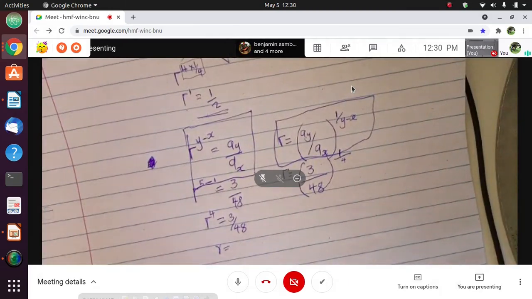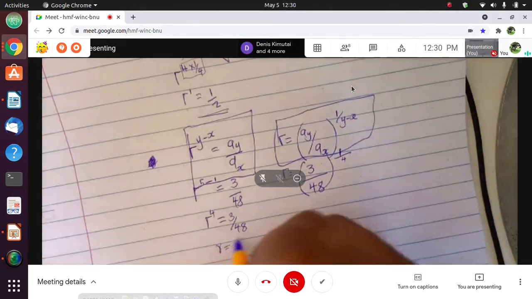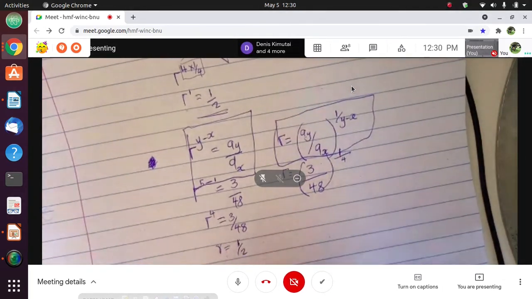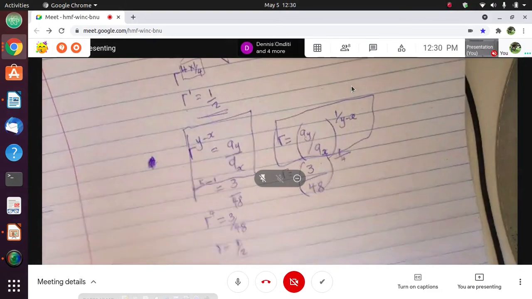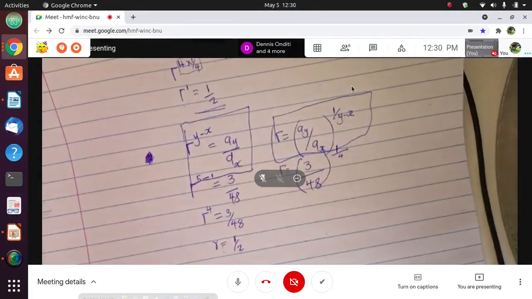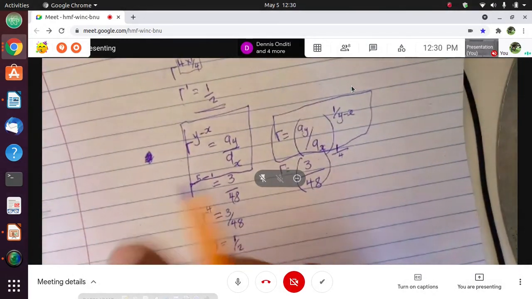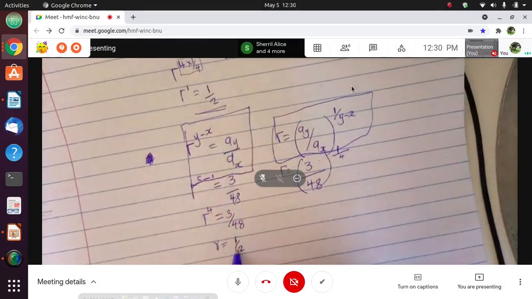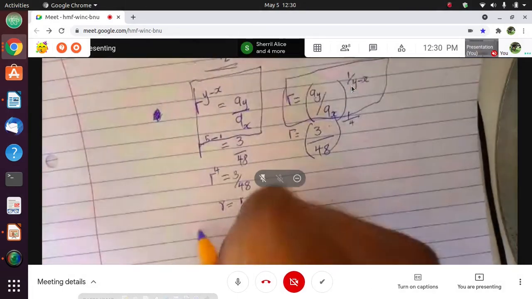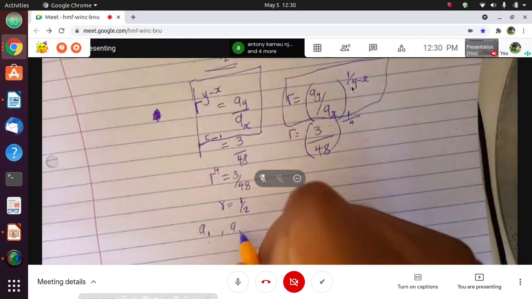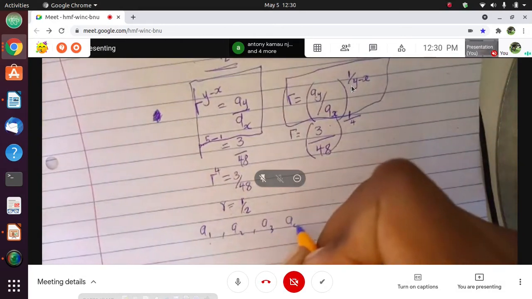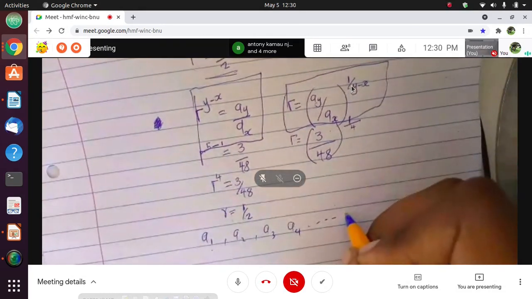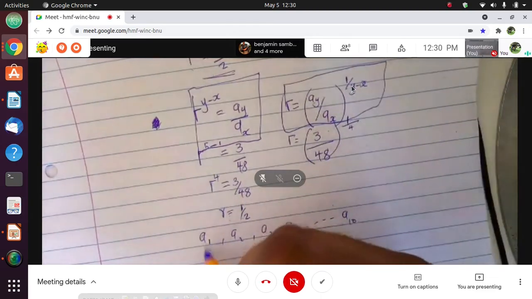Now, the question was not asking us to find the common ratio. The question was asking us to find the 10th term. Now, let us find the general equation. So the first term, the second term, the third term, the fourth term, up to the 10th term. Now, the first term is 48.